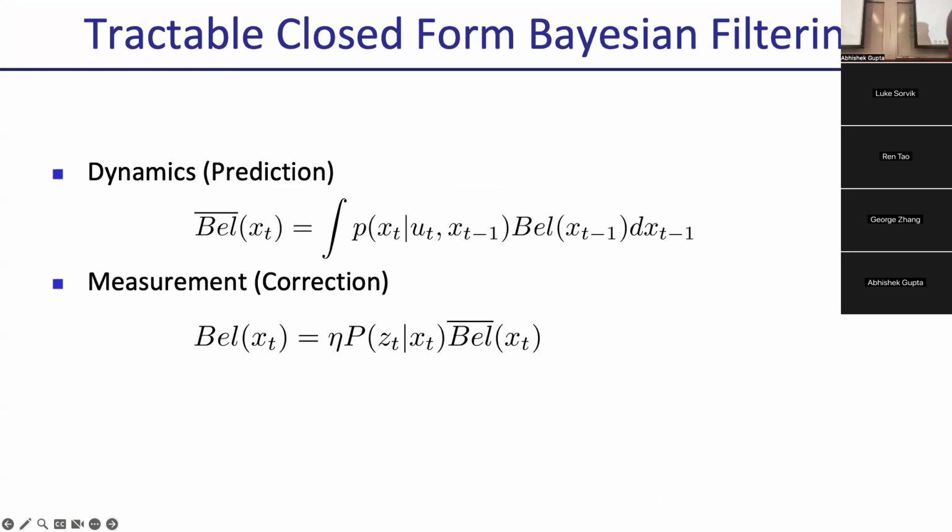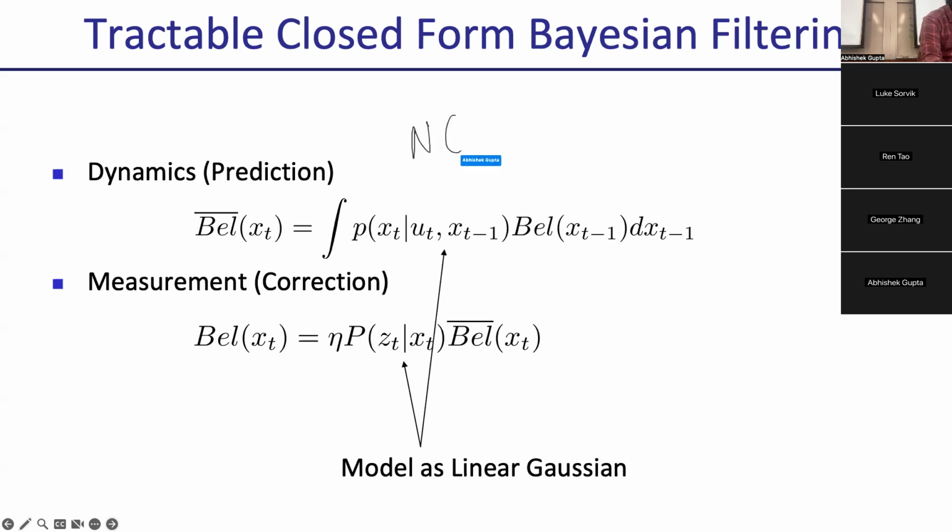So how can we be tractable in closed form? How do we find something where these integrals are easy to evaluate, not just a pain? And so we said, okay, what if we model things as linear Gaussian? When we said linear Gaussian, that means that the mean of your Gaussian is going to be some linear function of x t minus 1 and u t.